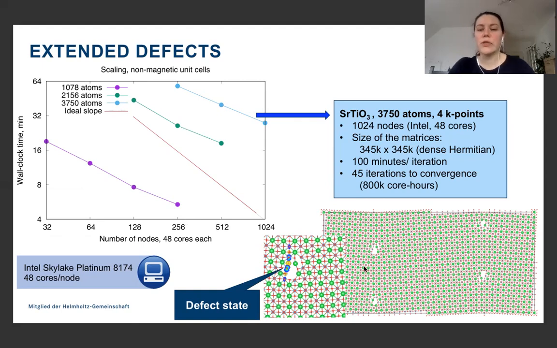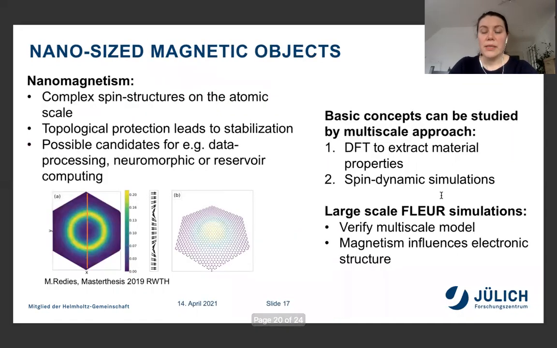Why is it interesting to calculate such a system? It helps to understand the physics of an extended defect. It's important for memristive phenomena. But as you already know, the real area of expertise of FLEUR is magnetism. And here, the ability to calculate larger systems opens truly new perspectives.